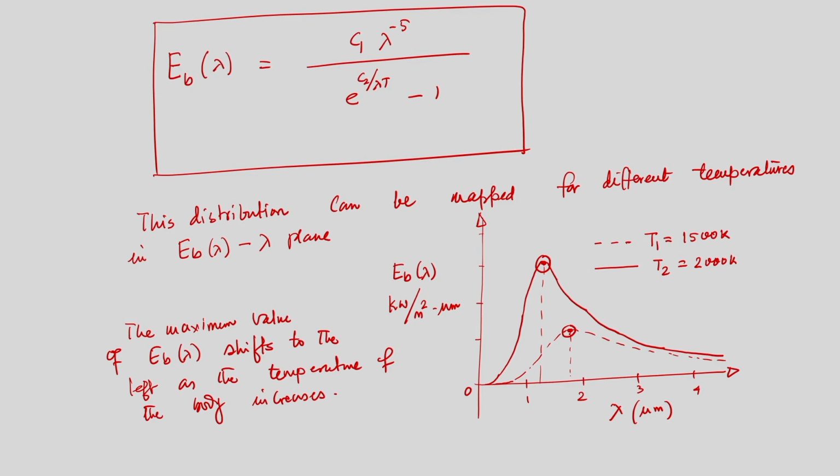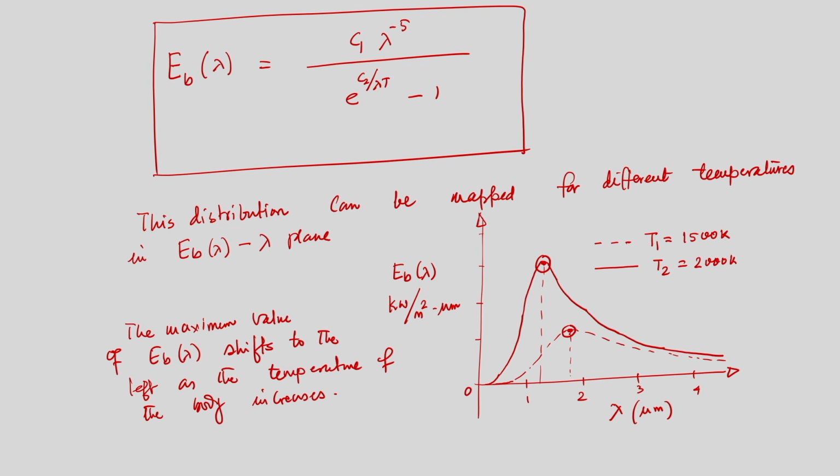That means, by knowing this shift of E_bλ, we can say the rise in temperature is by this amount. So, this shift plays an important role in predicting the temperature of the object, and that is what we will see now.